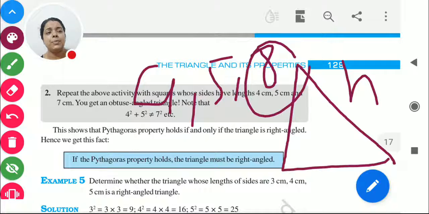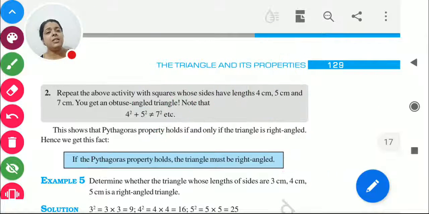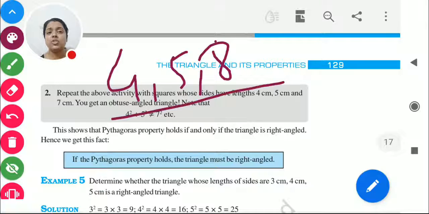We'll take it as hypotenuse. The smallest will be the breadth, or another one the length. So what the rule says, if this is the length given for all the three sides, you have to check whether it will be a right angle or not.